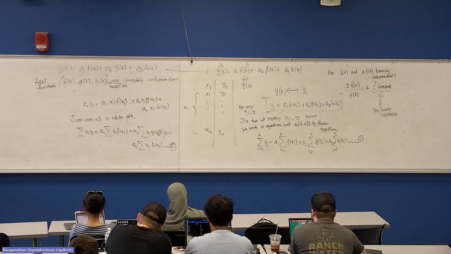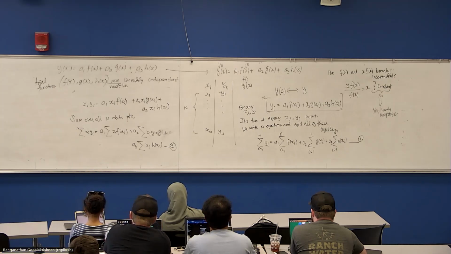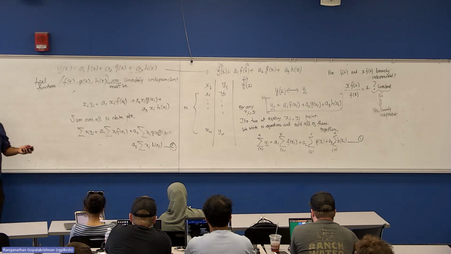Can you tell me the next step, please? Any of you? I need to generate a third equation. What should I do? Multiply by another xi, or xi squared, to generate a third equation.